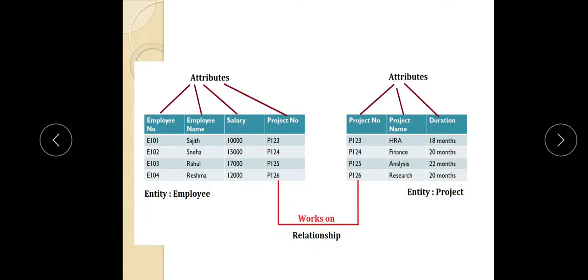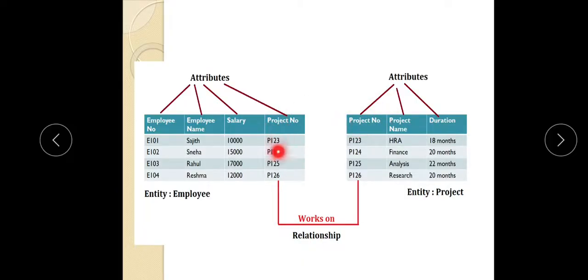So how are we connecting these two tables, how are we creating a relationship between these two entities? It is possible only if the two entities have the same property. Look here, it has project number, and here also it has project number.